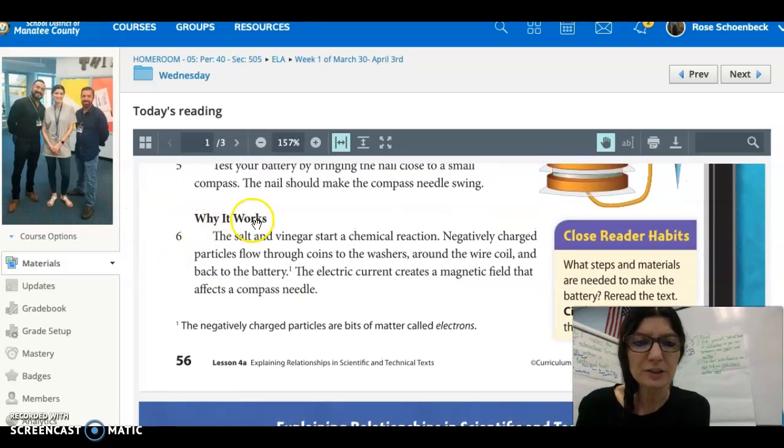And then this actually has a heading for us, why it works. Number 6 is the paragraph. The salt and vinegar start a chemical reaction. Okay? Negatively charged particles flow through the coins to the washers and around the wire coil back to the battery. The electric current creates a magnetic field that affects the compass needle.